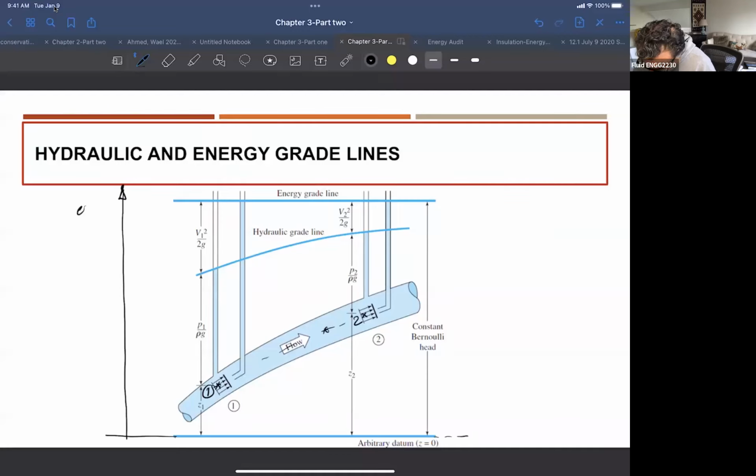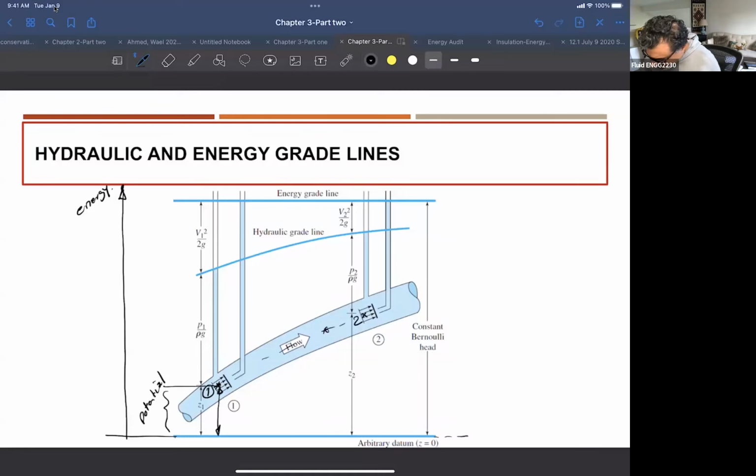So this is the energy. At this point here, the location of the point is what we call the potential, right? The location of this point far from this reference is the elevation of the point, the physical location of the point inside the pipe.